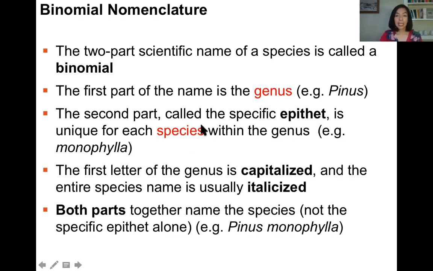The whole name is composed of two parts, genus and epithet, both in italics, and the genus is the only one that has the uppercase. It's going to be important.